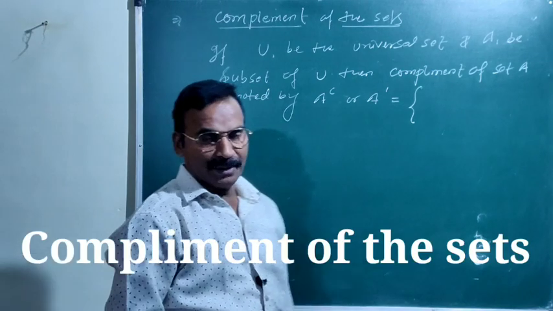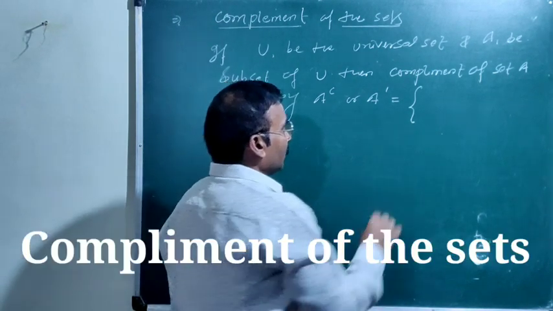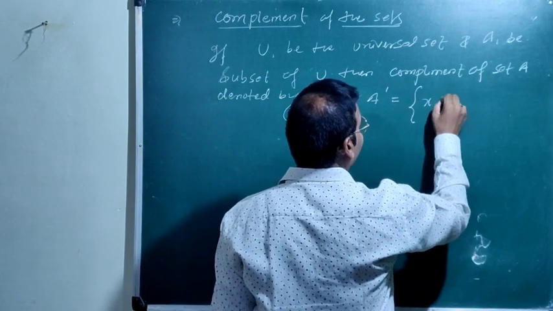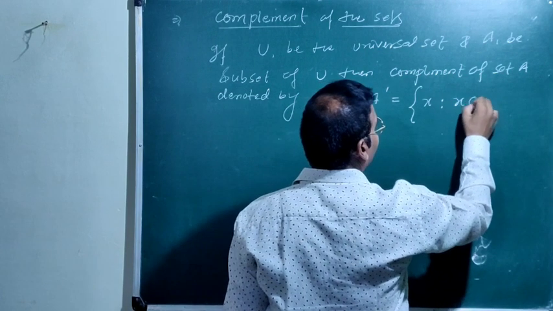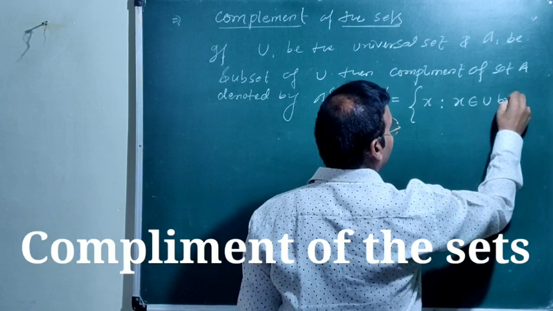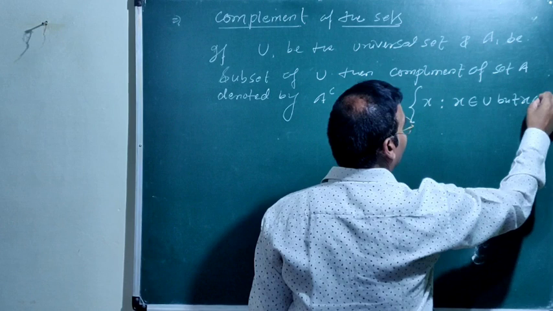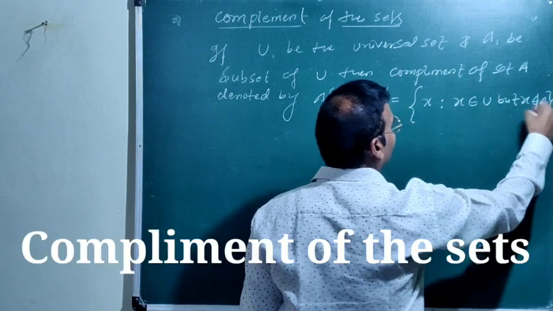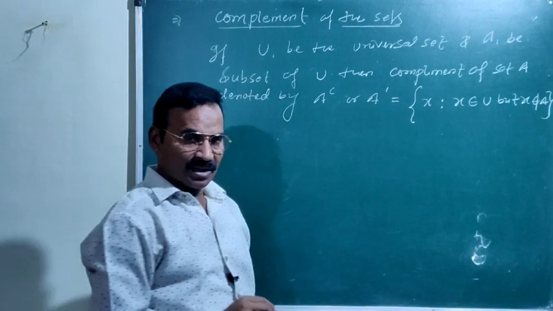What will be the complement of the set? It says X where X belongs to U but X does not belong to A. This is the simple outline of complement sets.